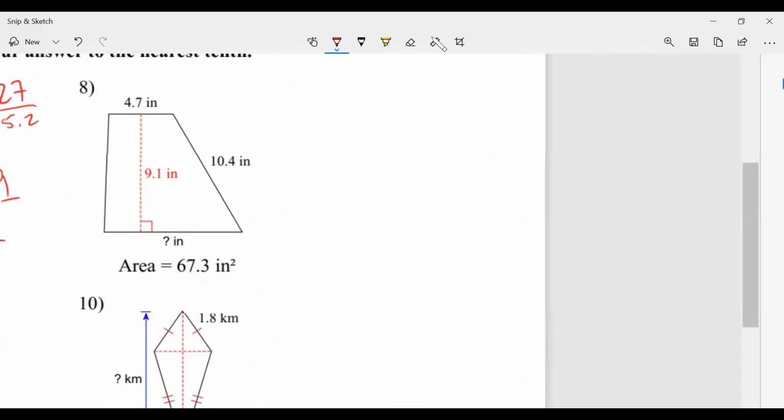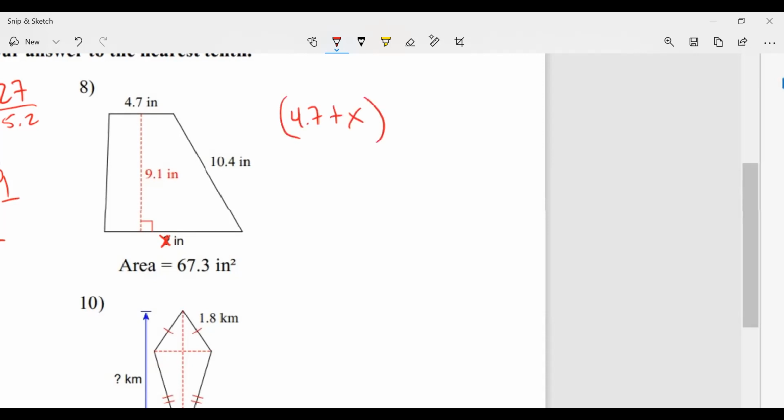That's a trapezoid. This question mark, let me replace it with an x. Now remember, I said for the area of a trapezoid, right? We saw that in question number 4 of our notes. So I said for the area of a trapezoid, add the 2 bases, and the bases are those 2 sides that are parallel. So I'm just going to go 4.7 plus x.